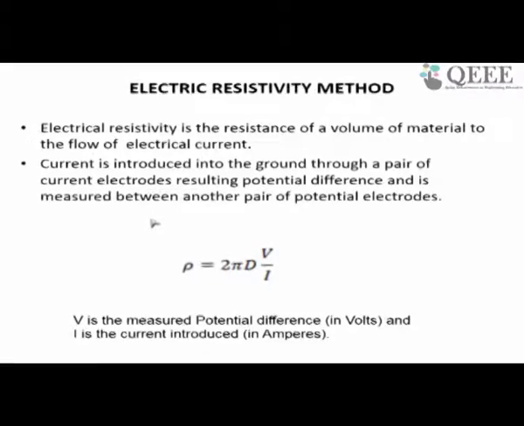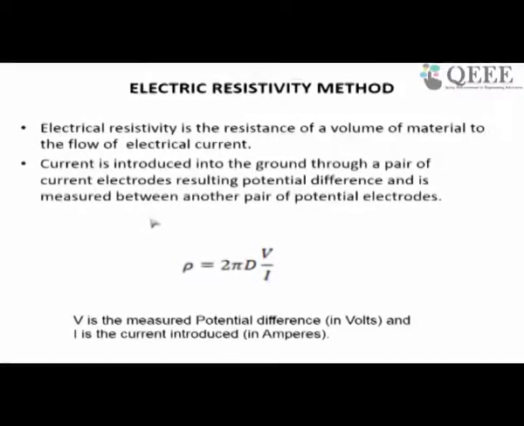So, for example, if there is a soil, it will have one particular resistivity, and if you have some rock, it will have a different value. So you can distinguish where the rock strata is starting or where the soil rock interface is. Similarly, if in rock it is fractured rock, it will have one kind of resistivity, and if it is sound good quality rock without any fracture, it will have a different kind of resistivity.